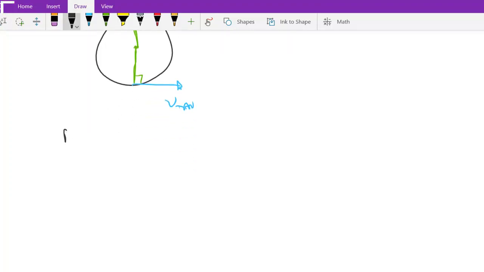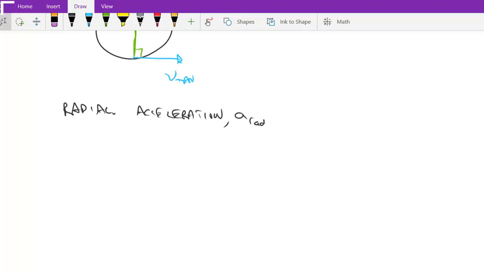So we have radial acceleration, which we denote as A and then underscore rad. This is the same thing as the centripetal acceleration. So the centripetal acceleration is the same exact thing as the radial acceleration.